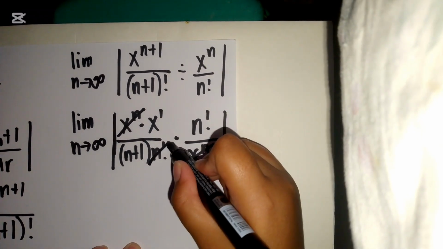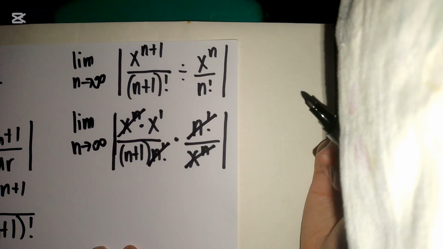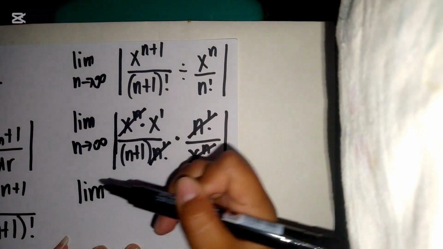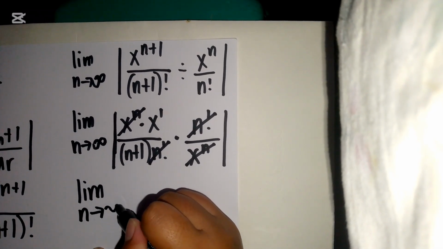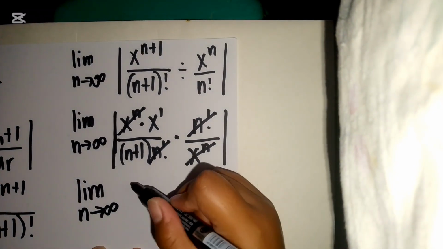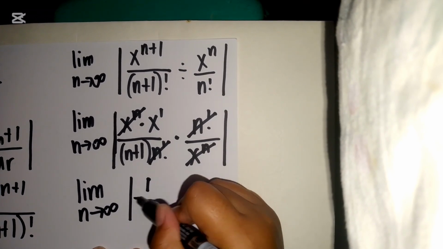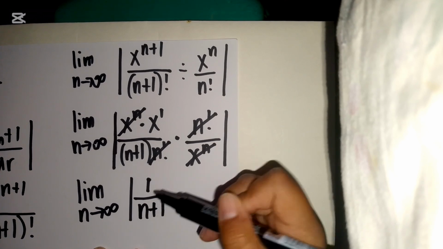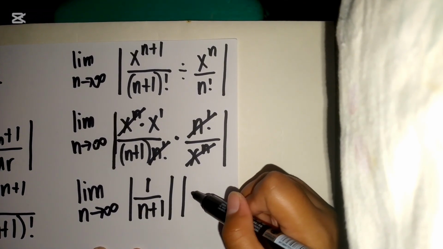So now we will cancel the same terms. Simplifying it, it will become the limit of n approaches infinity of 1 over n plus 1 times the value of x.